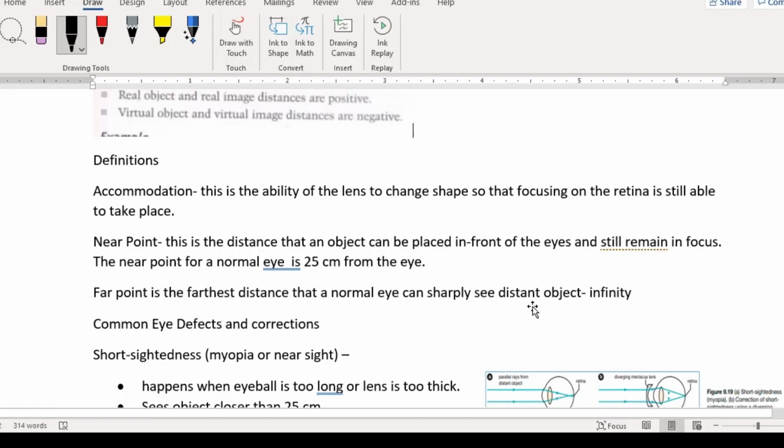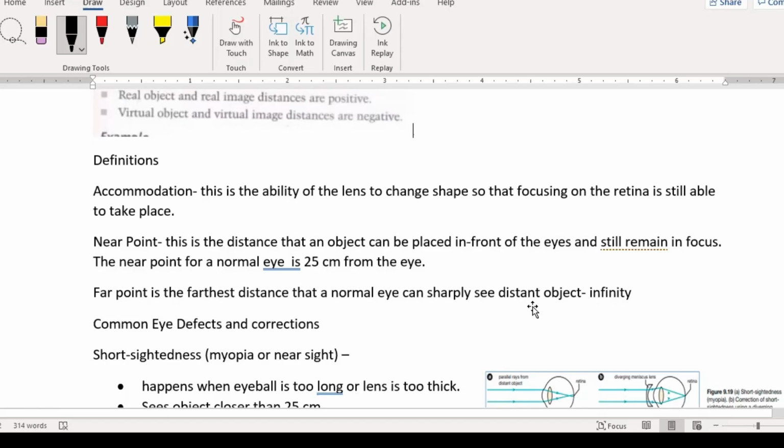Those persons would generally be farsighted, and you can correct me if I'm wrong, but I believe farsightedness is when you can see distant objects, but I'll go through it from the notes that I have here. You would need a particular lens to correct that so that you can then see closer objects. Anyways, there's something we call the far point as well.